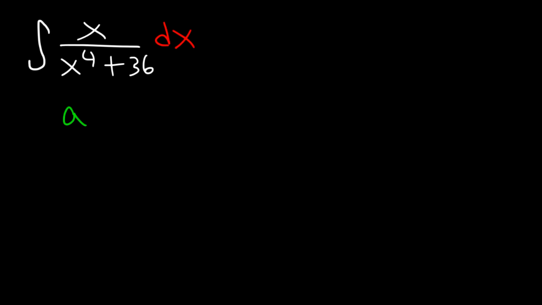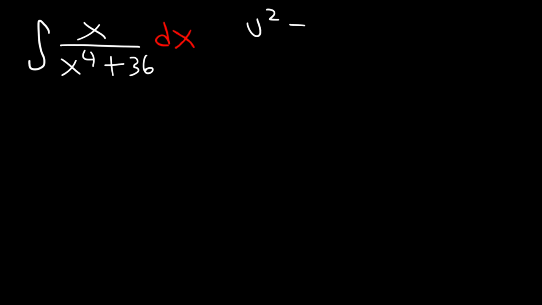Here's the next one. X divided by x to the 4th plus 36 dx. So this equation has the form u squared plus a squared, or just a squared plus u squared. The order really doesn't matter. So we know that's associated with arctan.